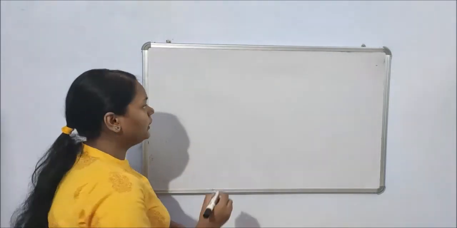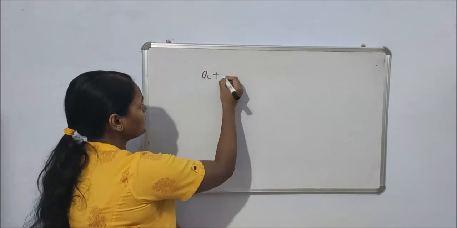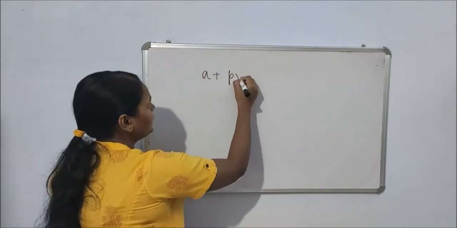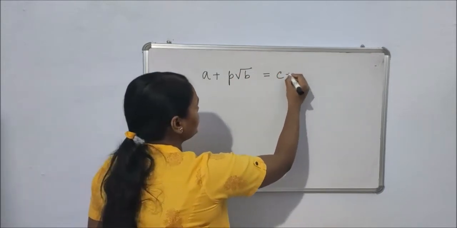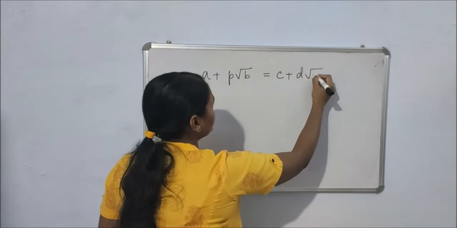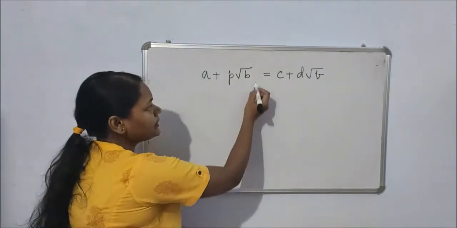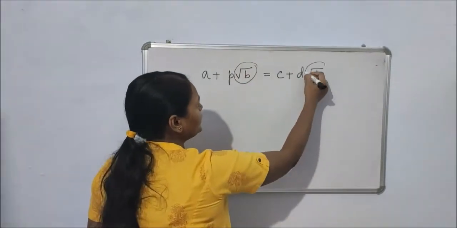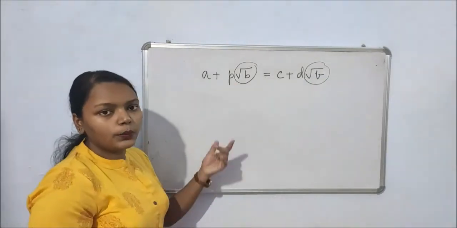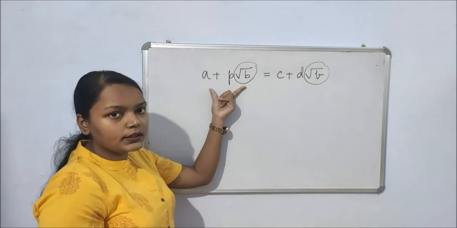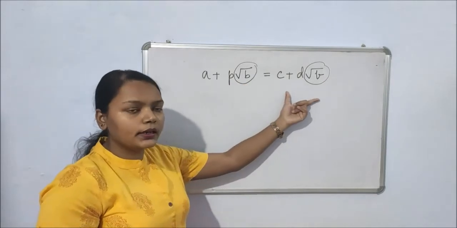Now one more property. Suppose you are given a plus p under root b is equal to c plus d under root b. You can see under root b and under root b are equal, and these two are equated. That means this left hand side is equal to this right hand side.